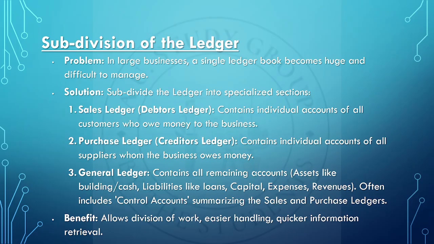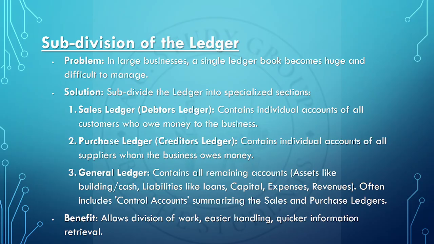Okay. Now, let's try to understand what happens in big businesses. In big businesses, having one massive ledger book is impracticable. So they often use subdivision of ledger. They divide the ledgers into different parts. They split it into, say, sales ledger, purchase ledger, or general ledger.